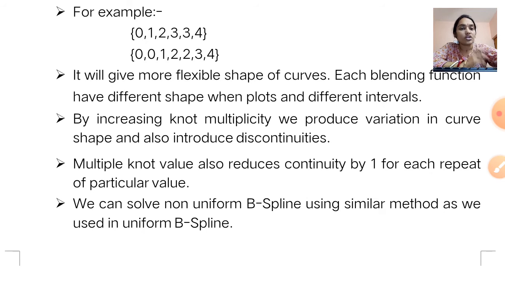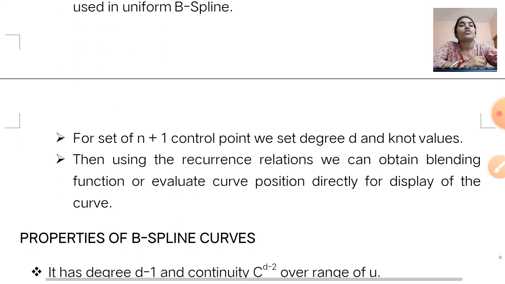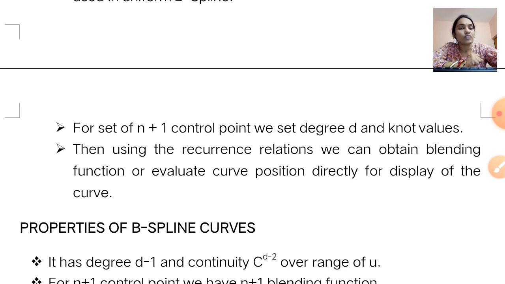Then we can solve the non-uniform B-spline using a similar method as we used for the uniform B-spline. For a set of n plus 1 control points, we set the degree d and knot values.